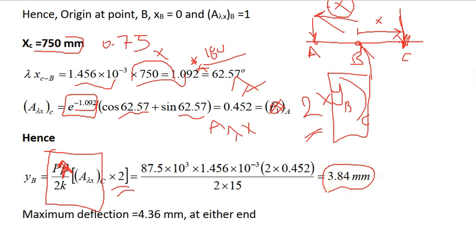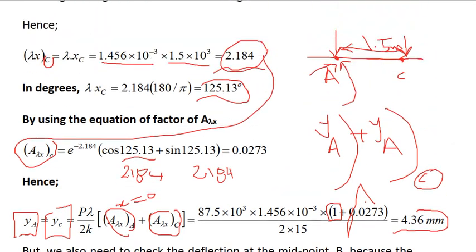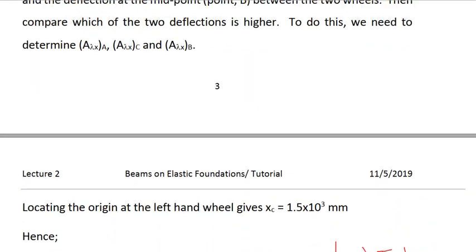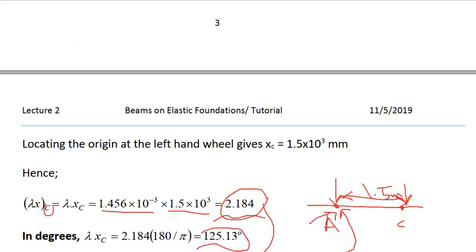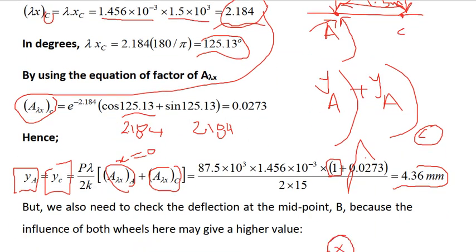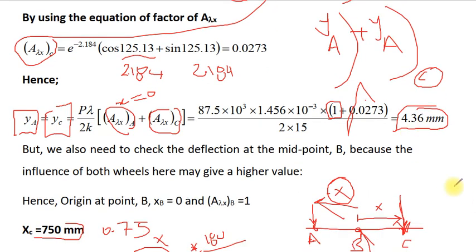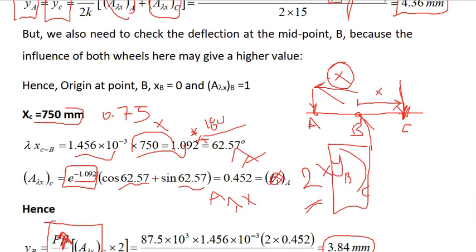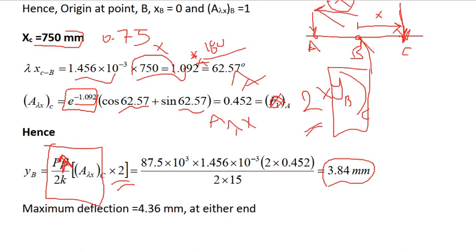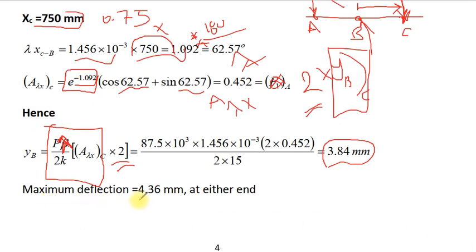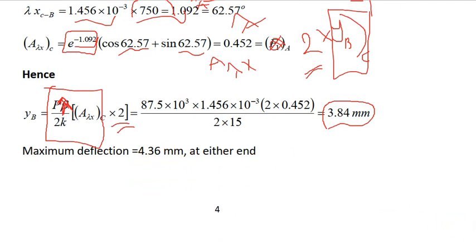Now compare this value, 3.84 millimeter, with the value of maximum deflection obtained by the first method, which is equal to 4.36 millimeter. Since this value is greater than the value of the second method, we have to choose the maximum deflection equal to 4.36 millimeter at either end.